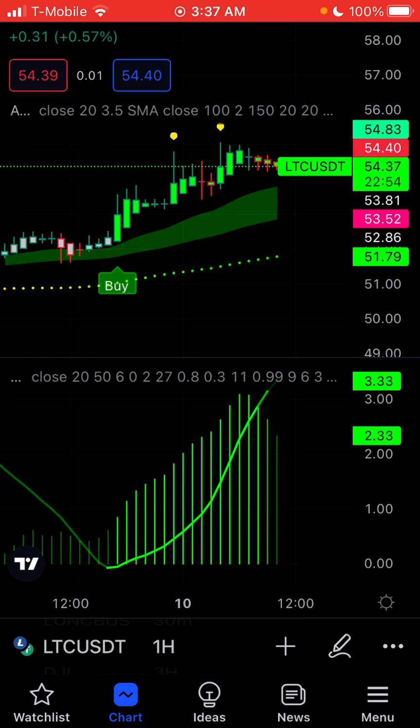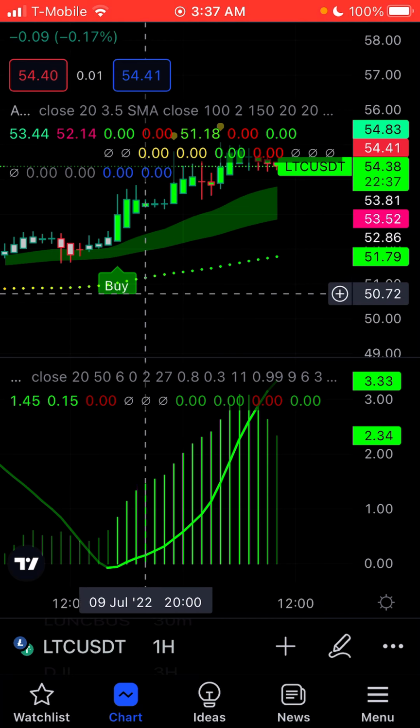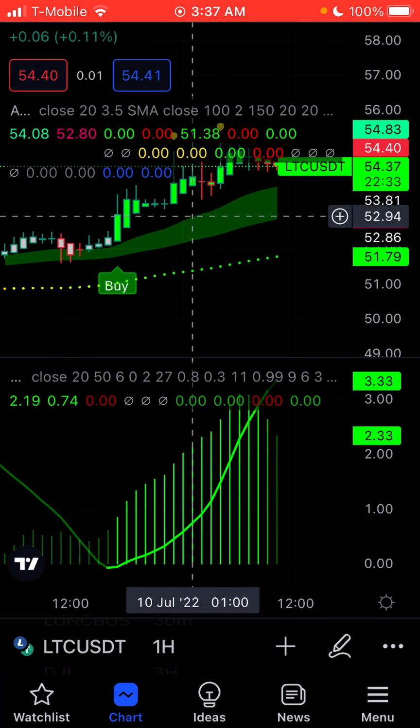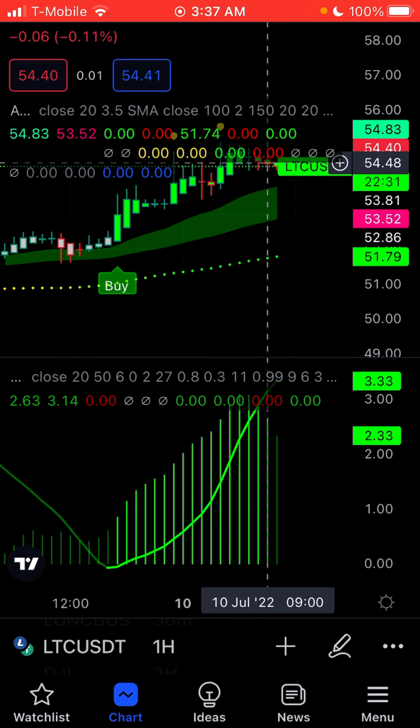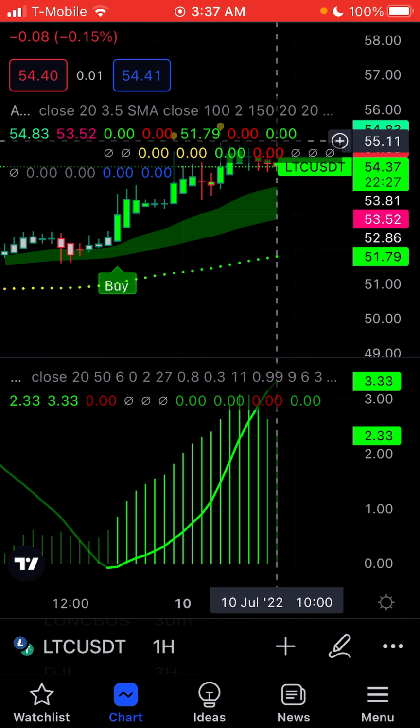But Litecoin seemed like it was going up, and I did get out because I thought, oh my God, it's going to start going down. You see Litecoin's now starting to go down, but it has an indication to buy right now, so I think I got out a little too early, and I think Litecoin is probably going to start going up.